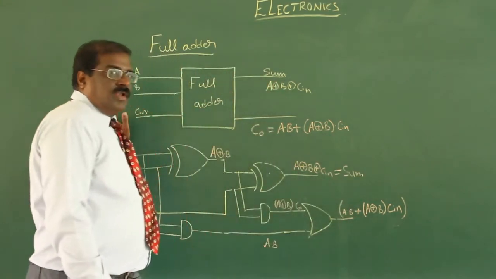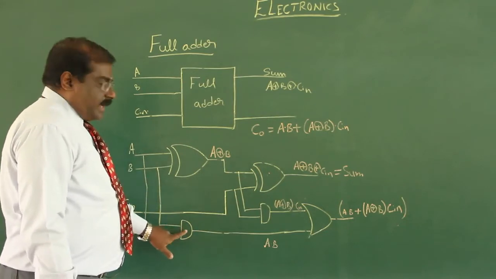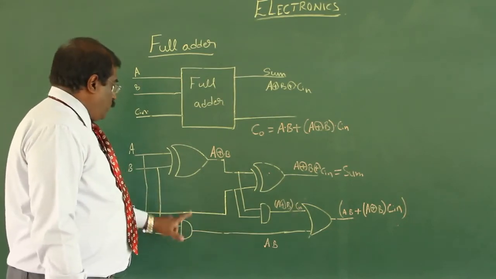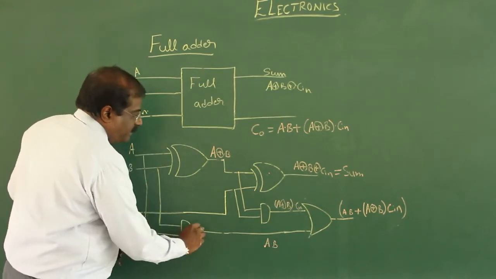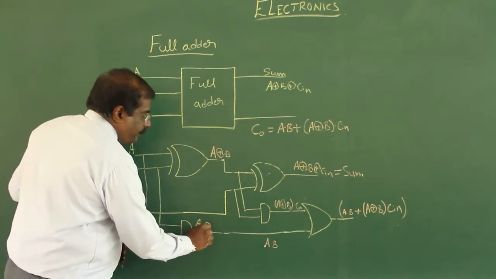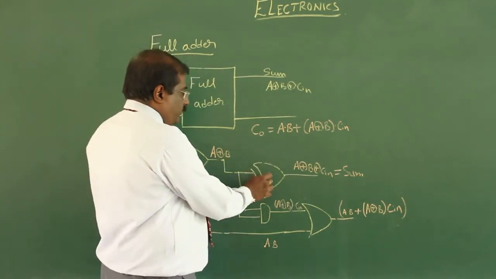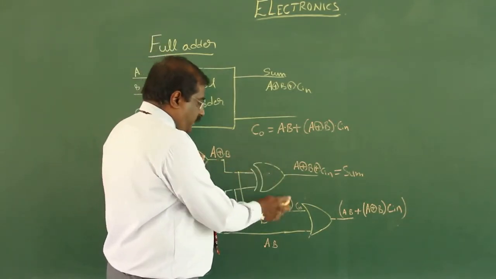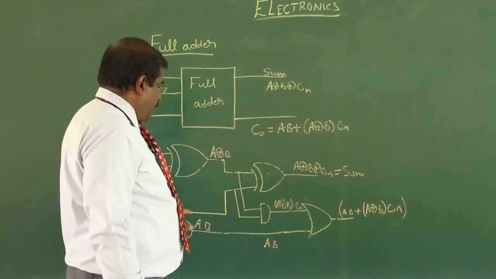of the full adder. In the same way for the carry function, the first carry is A and B, that fetches you A dot B. This is the second half adder. What we have here is one XOR gate and one AND gate. What is the input for this one? A XOR B and the C in.